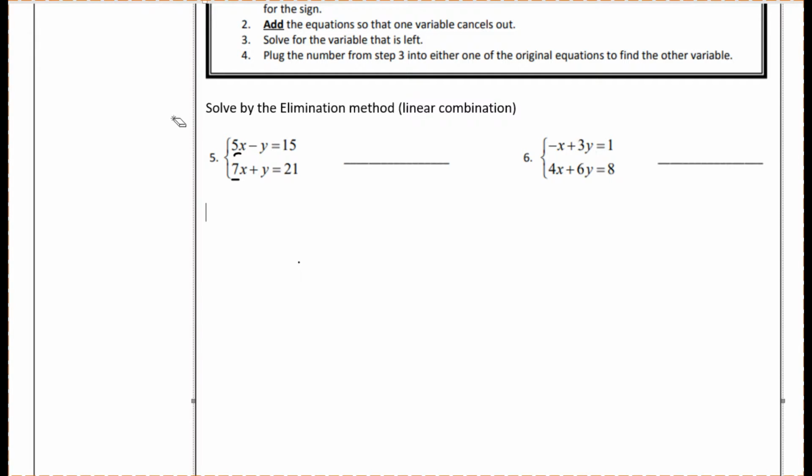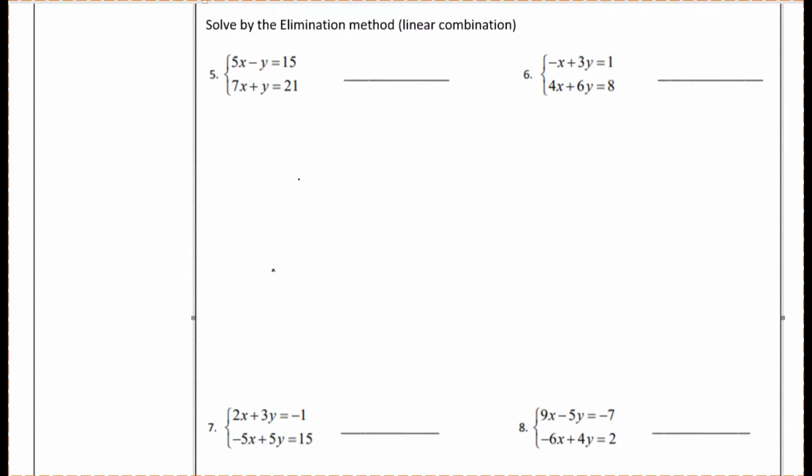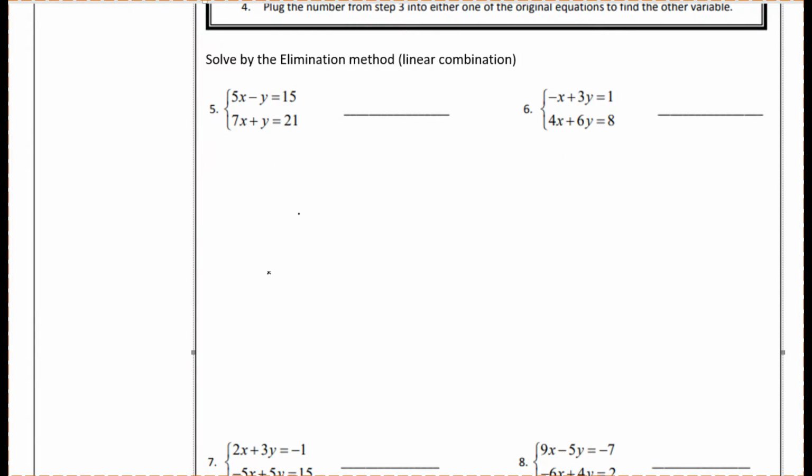So looking at number 5, we want any of the coefficients to match. So you basically select which one you want to eliminate. So notice that we have a negative 1y here, and we have a positive 1y. So the coefficients essentially match. We can go ahead and add these two equations together. And if we add them, then we know that they'll cancel.